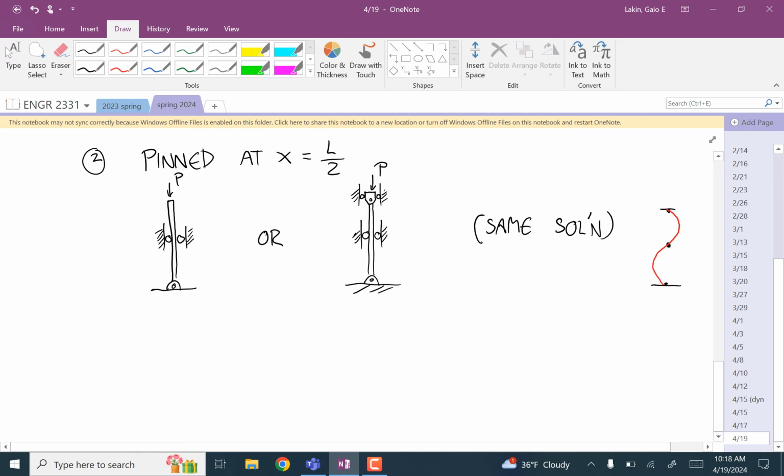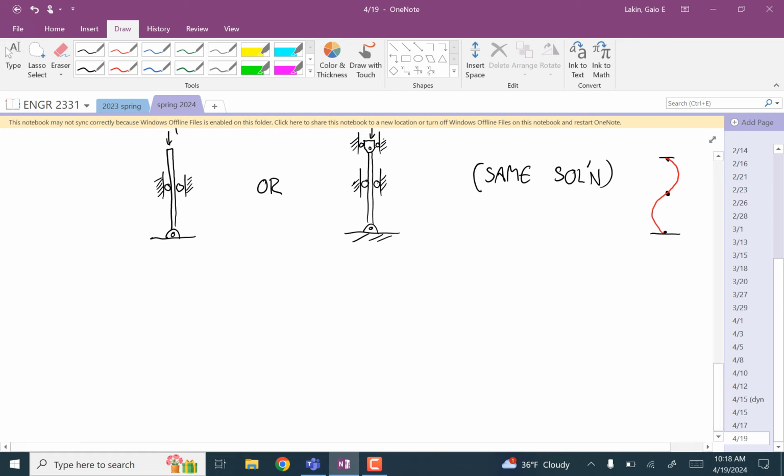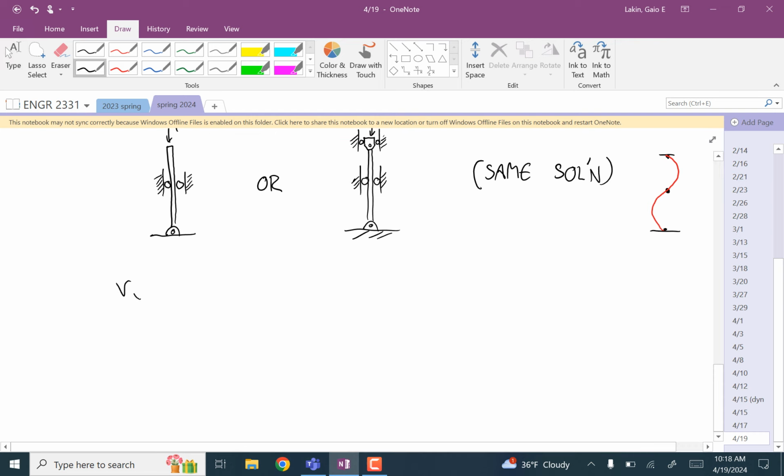Okay, so let's do this one. Let's start with our function that said the deflection is equal to C2 times the sine of the square root of P over EI.